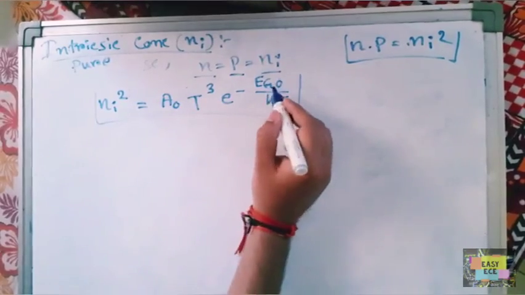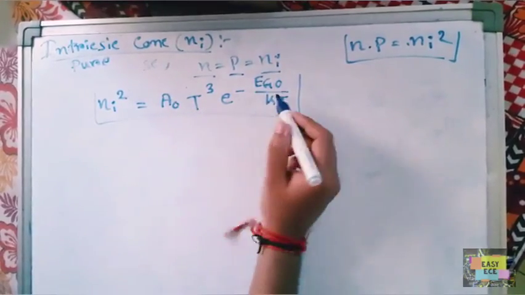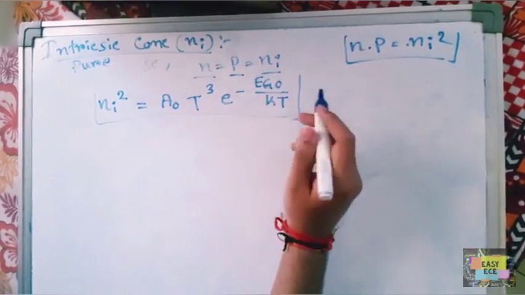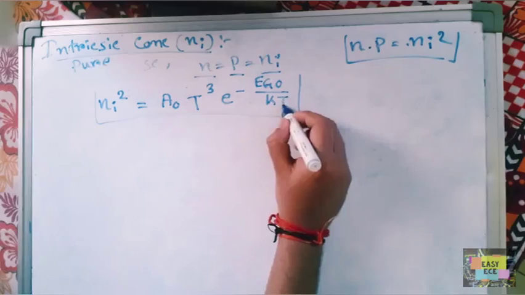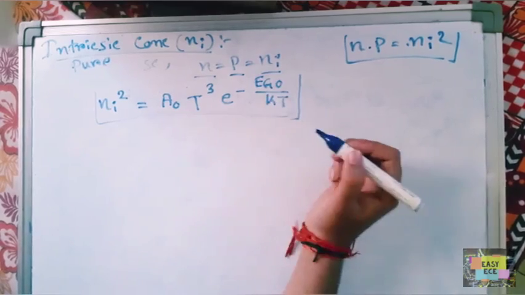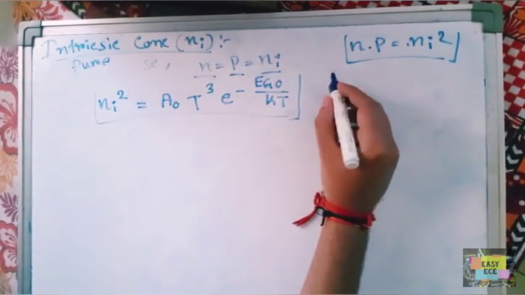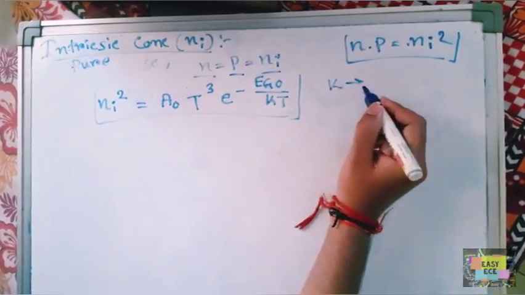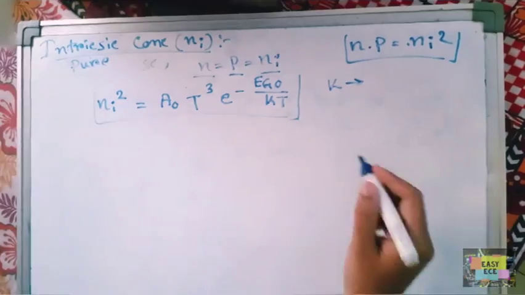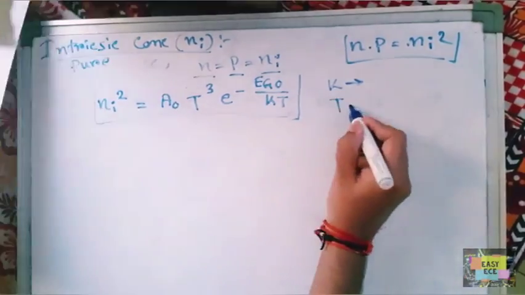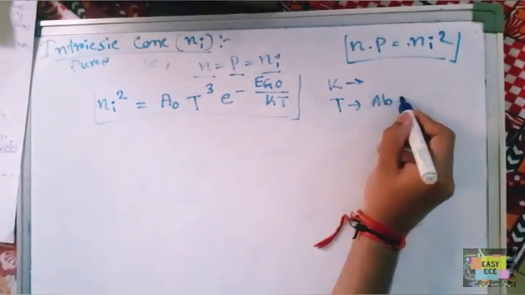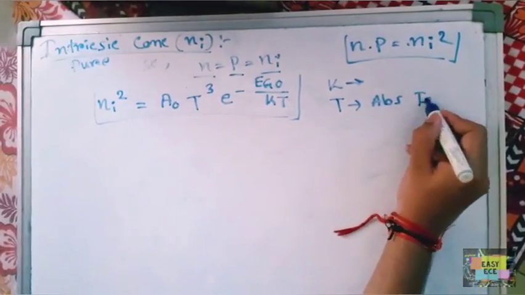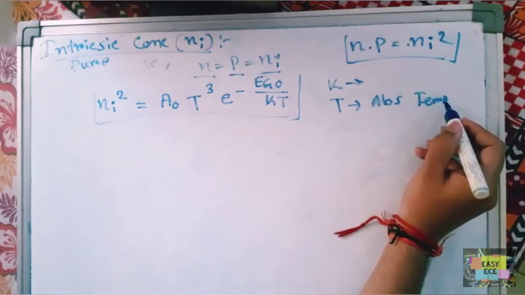So I am describing what T and E G0 are. E G0 is the energy gap at 0 Kelvin, T is the absolute temperature, and K is the Boltzmann constant.